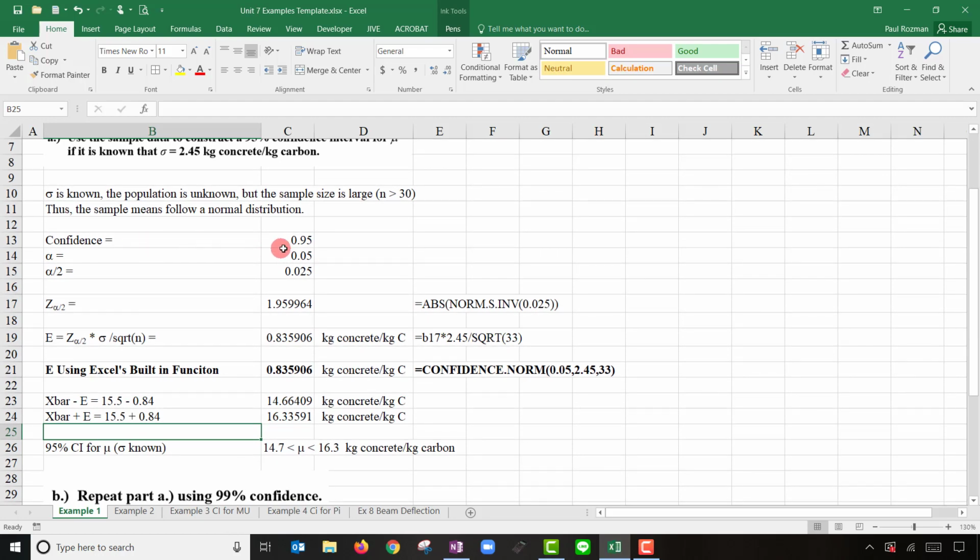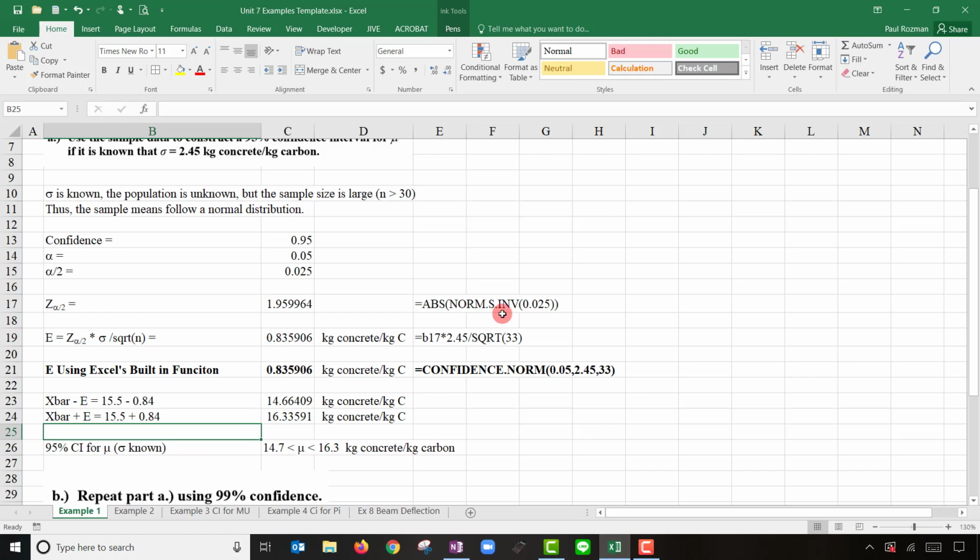First, I did the question sort of the way we solved it, where I wrote down what is our confidence, what was alpha over 2, and then I calculated the Z-score. And then I manually calculated the error with my own function. So we used this Z-score formula before.